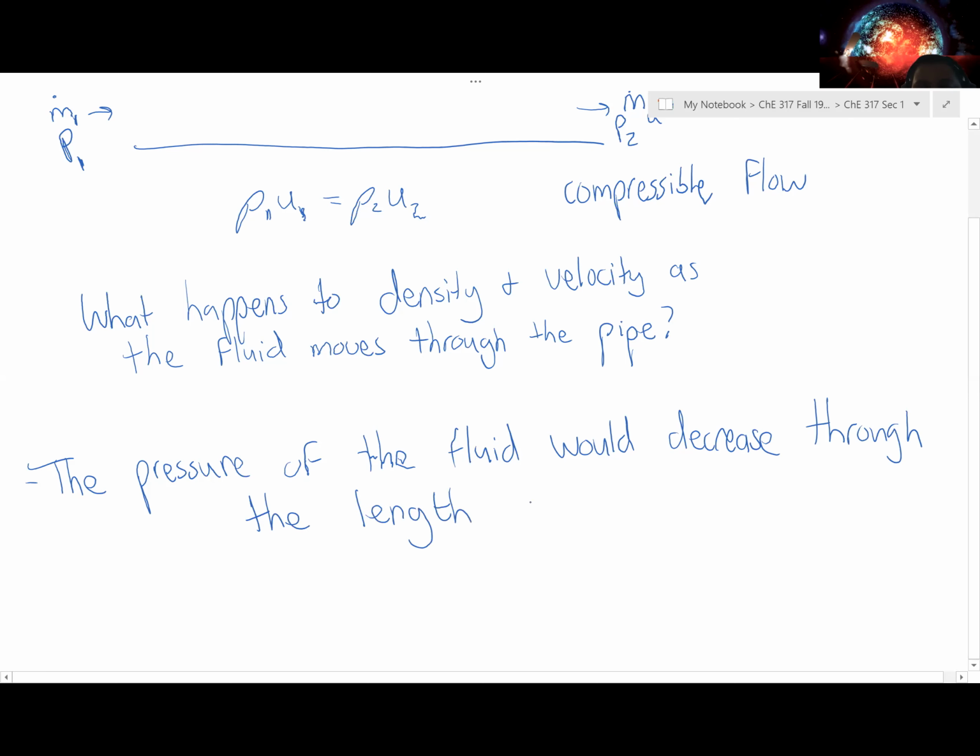And since we can calculate the density as a function of the pressure, as pressure times molecular weight divided by the ideal gas constant divided by the absolute temperature, that means the density will decrease.